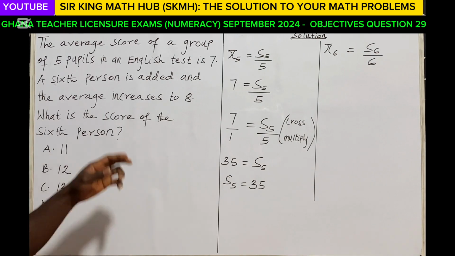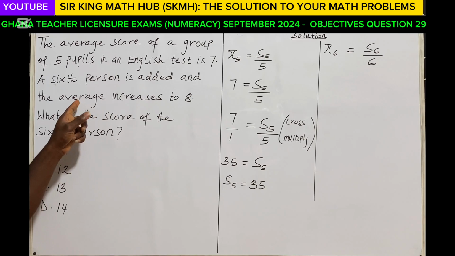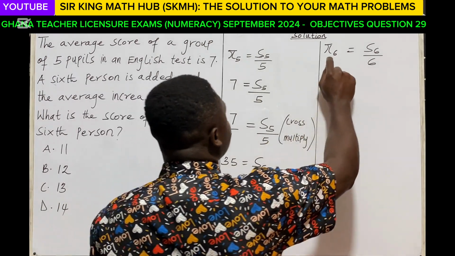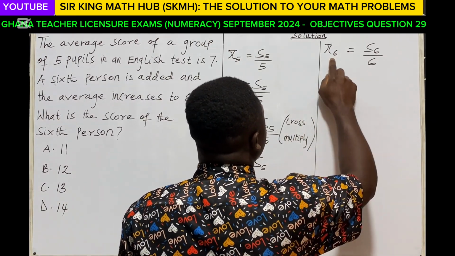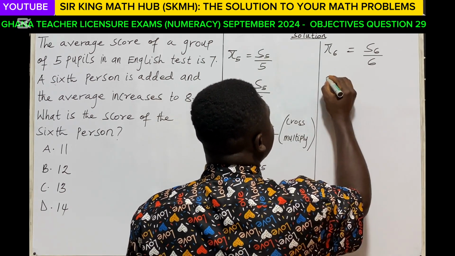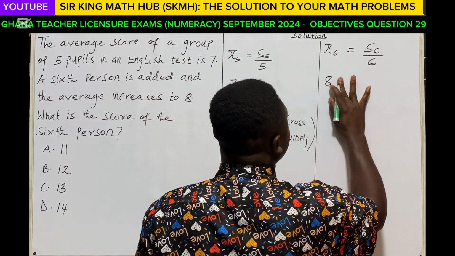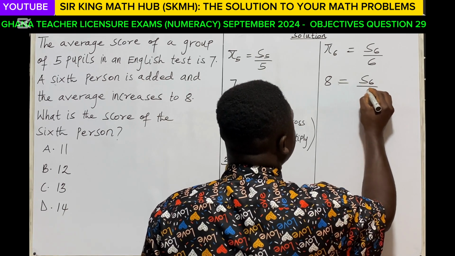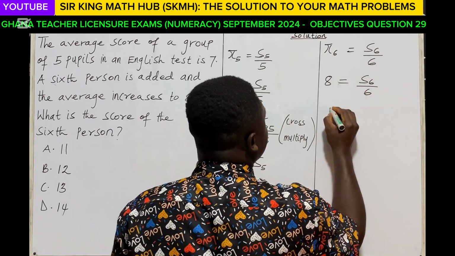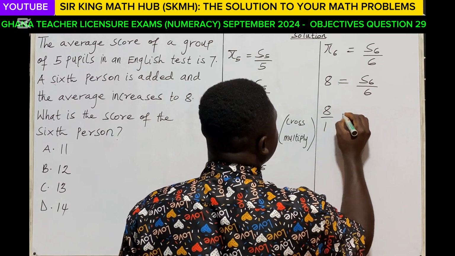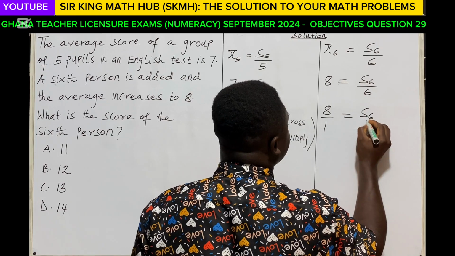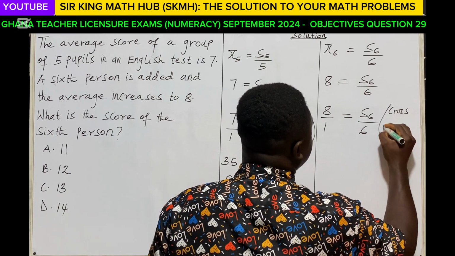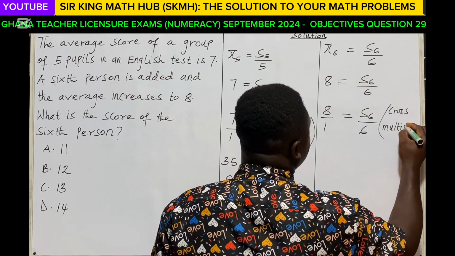Remember, when the score of the 6th person was added, their average score increases to 8. So now the average score of the 6 people becomes 8, and this must be equal to the sum of the scores of the 6 pupils divided by 6. So this can also be written as 8 on 1 is equal to sum of 6 divided by 6. Again, we are solving for sum of 6, so we can cross multiply.